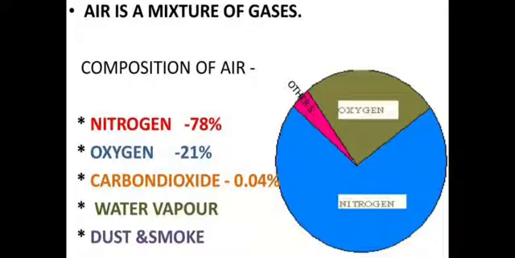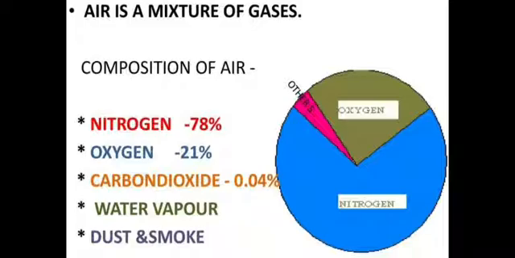78%. Okay? This is a gas. Next is oxygen. The second place is occupied by oxygen, the green color shaded portion in the chart. Oxygen accounts for 21%. We human beings respire using oxygen. We breathe in oxygen. Oxygen is necessary for the growth of the plants as well as the living organisms.